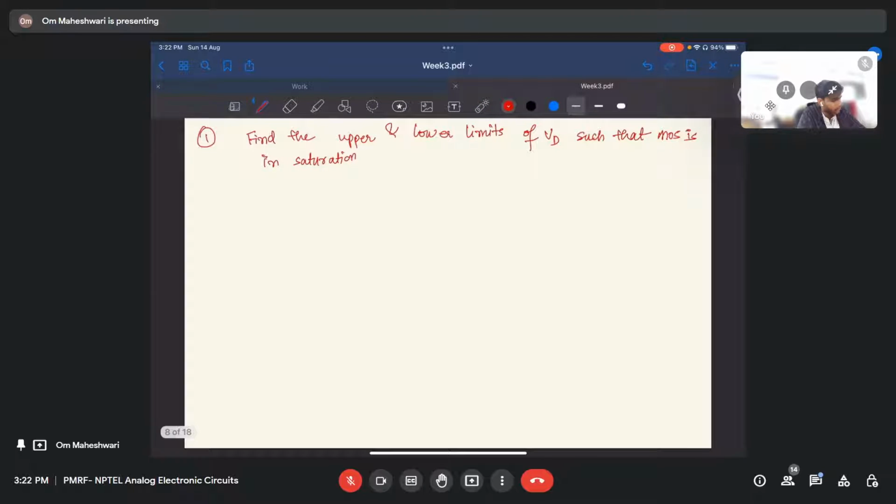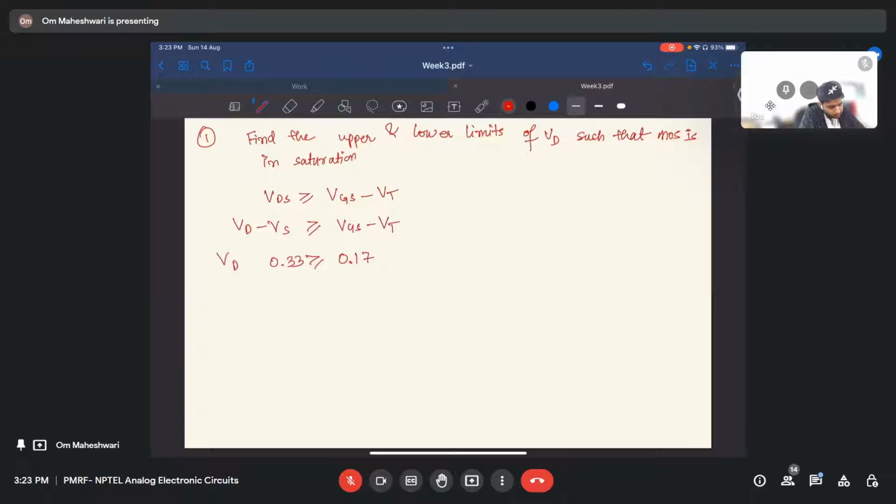So let me draw again. For saturation, VDS should be greater than or equal to VGS minus VT, right? So VDS is VD minus VS, which should be greater than or equal to VGS minus VT. We had solved this VGS minus VT earlier. It was 0.17, and VS we had found to be 0.33.